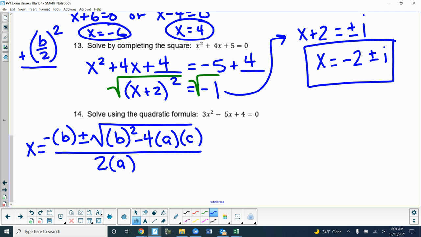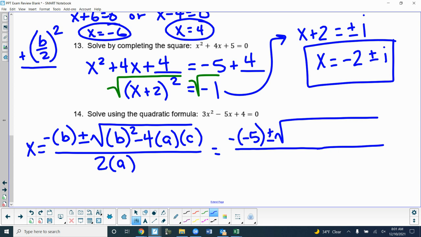So what's my a value? 3. What's my b value? Negative 5. So negative b plus or minus. Where some of you make a mistake also is you don't put your negative 5 here in parentheses and you square negative 5 and your calculator says negative 25. Remember, a negative times a negative is always positive. So whenever you square a number, it's always a positive answer.